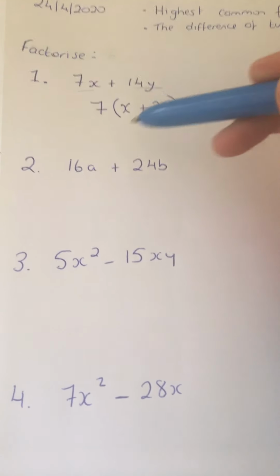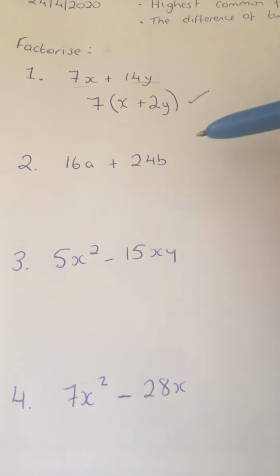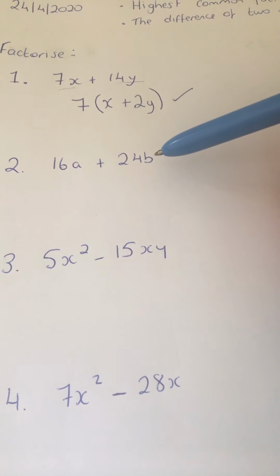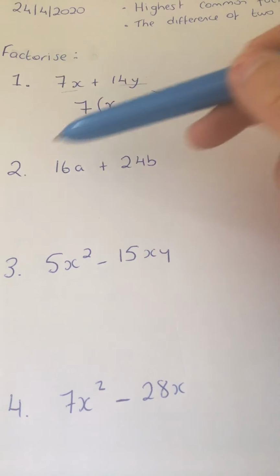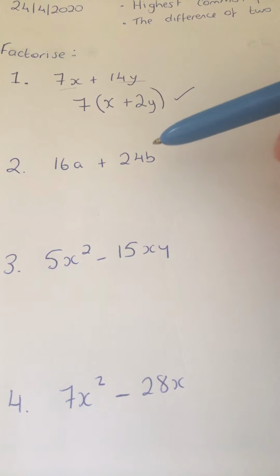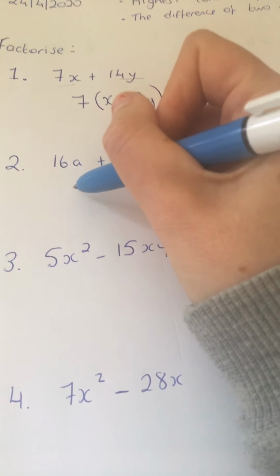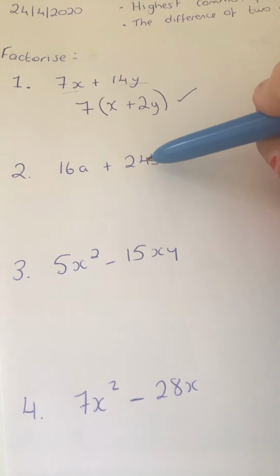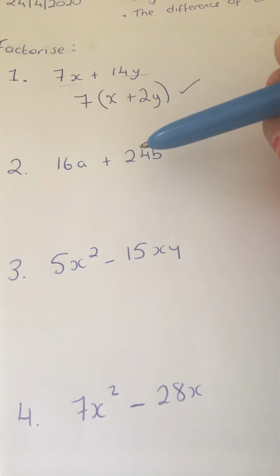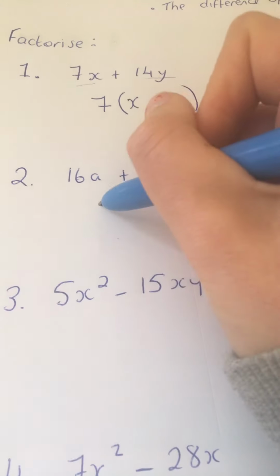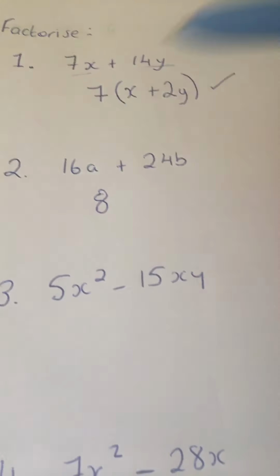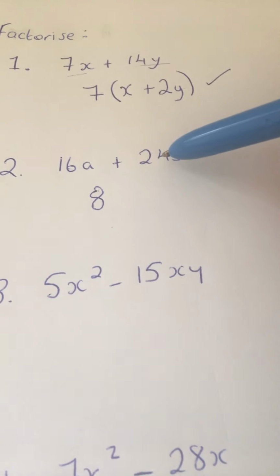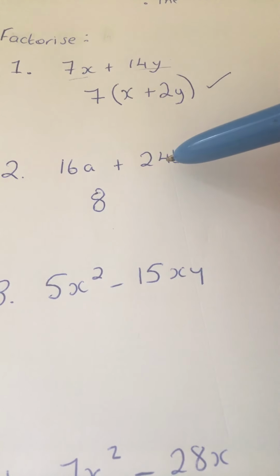Next one, factorising this one. What is the highest common factor that goes into both of these terms? What number or letter is common to both? So the highest number that goes into both of these, obviously 2 goes into both of them, so does 4. But the highest number is 8. 8 goes into 16 twice, and 8 goes into 24 3 times.